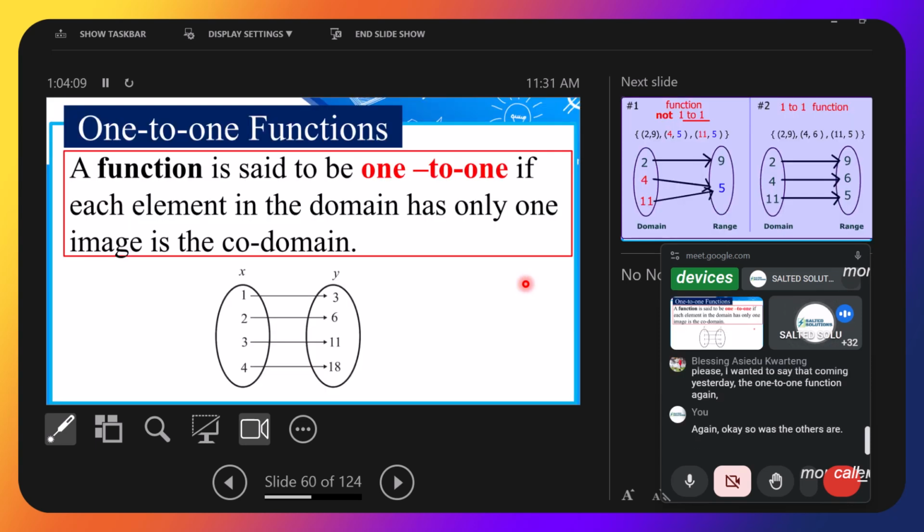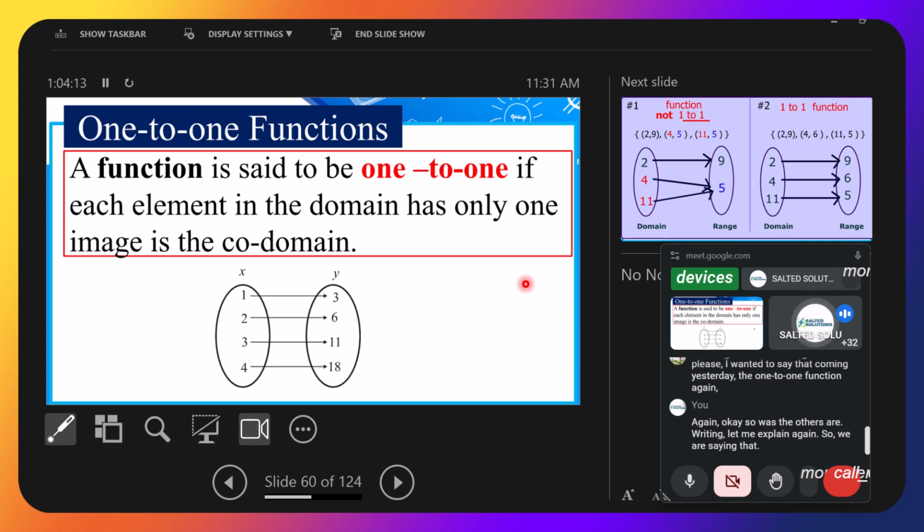So we are saying that for function in general, the members in the domain should be mapped to only one member in the codomain. In simple terms, if we look at this particular function, though it is one-to-one, which is a type of function, what we are saying is that every member here must have a corresponding value in the codomain.